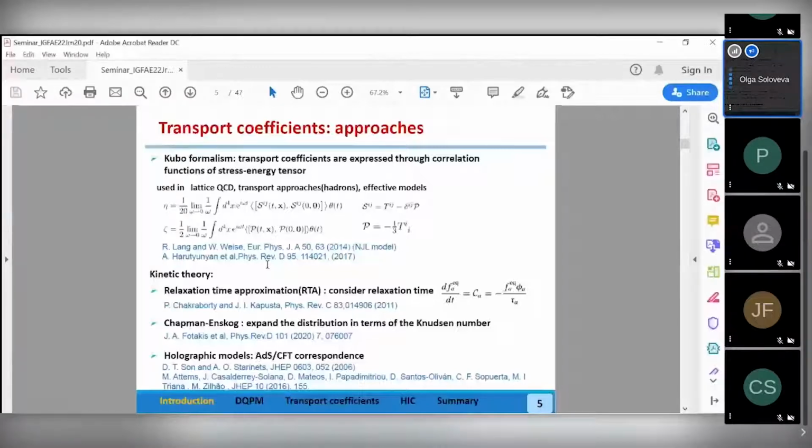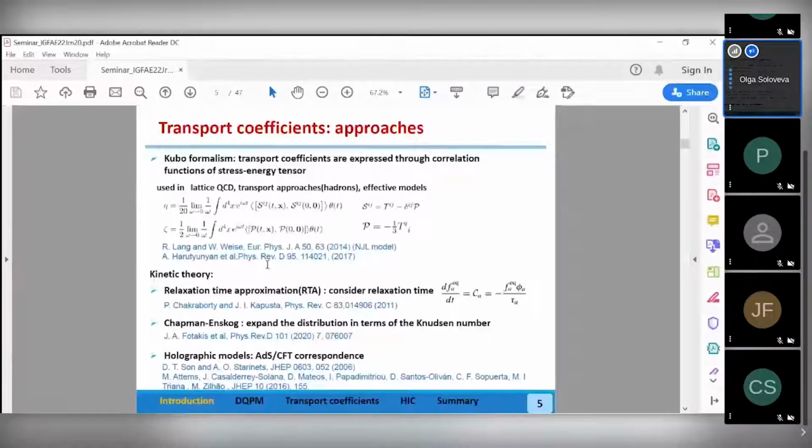For example, we will use later the relaxation time approximation, where we first calculate the relaxation time. So all the transport coefficients, as we will see later, depend on the relaxation time. And the key quantity in order to estimate the transport coefficients is the relaxation time.